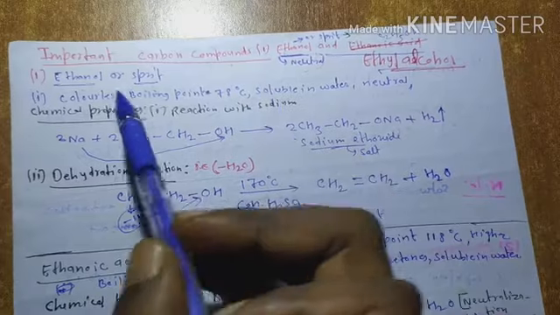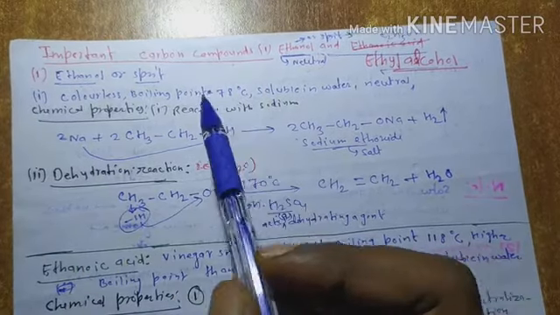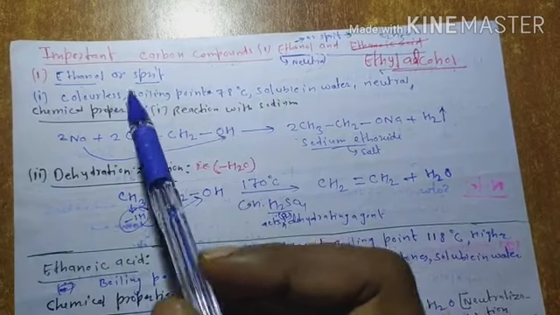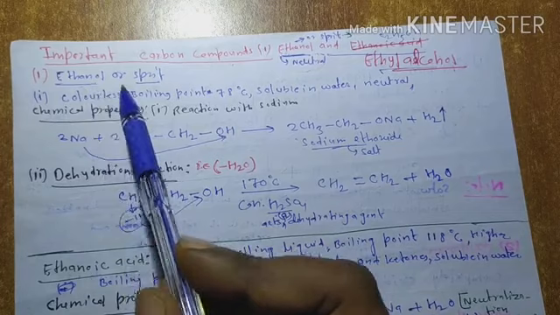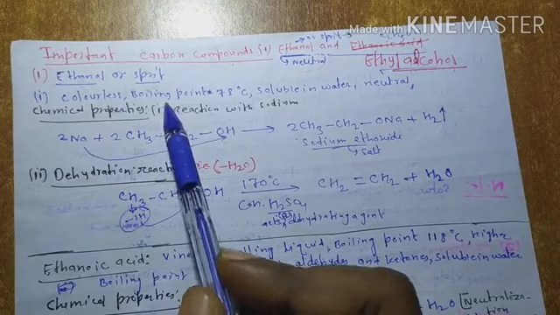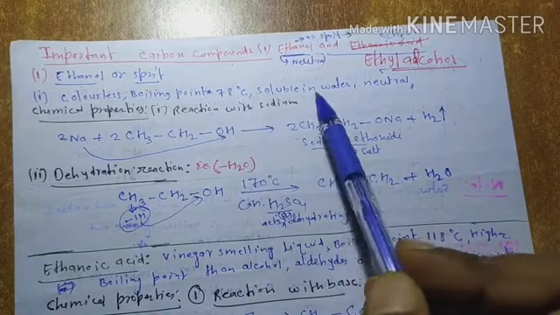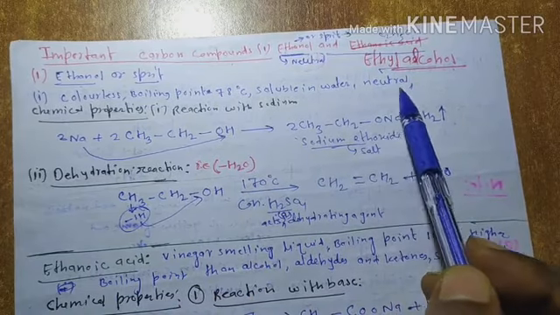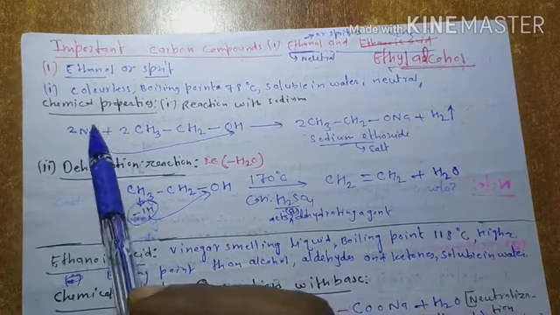So ethanol or spirit. First of all, the physical properties of ethanol are very important. We will study 3 reactions for ethanol. It is colorless, boiling point 78 degrees Celsius, soluble in water, neutral. Okay. Chemical properties are important.